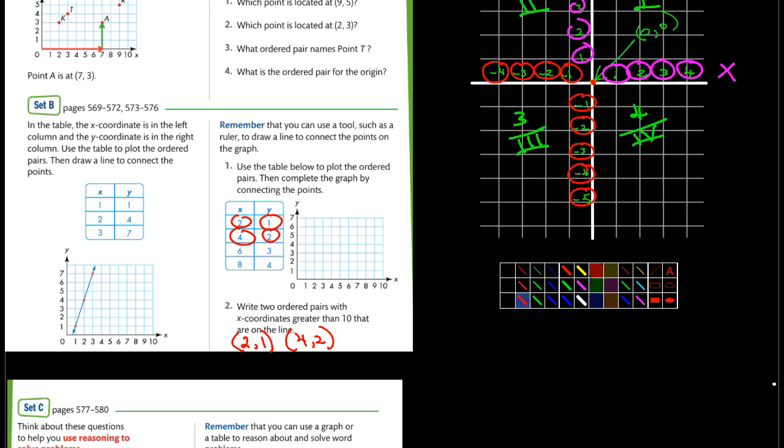And then it says write 2 ordered pairs. This is number 2 I'm looking at. Write 2 ordered pairs with x coordinates greater than 10 that are on the line. Interesting. Well, it only goes up to 10 that I see, so maybe you just have to extend your graph.